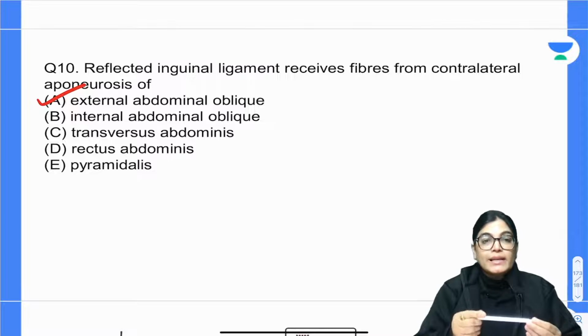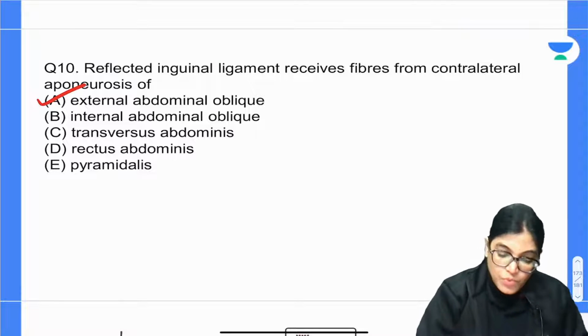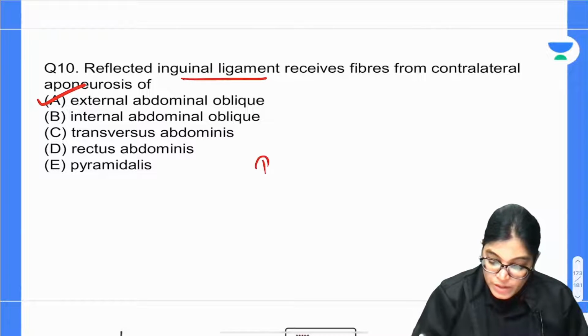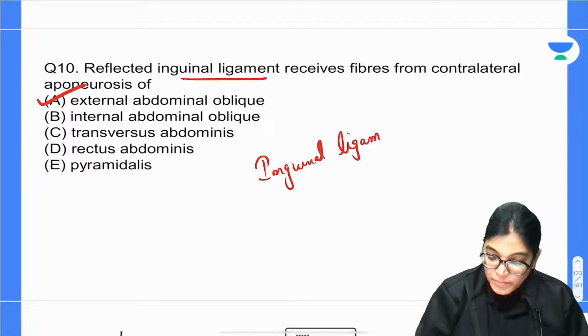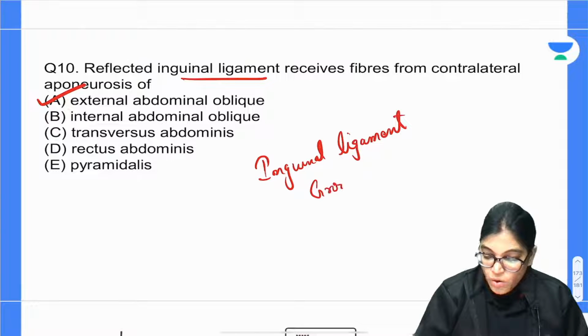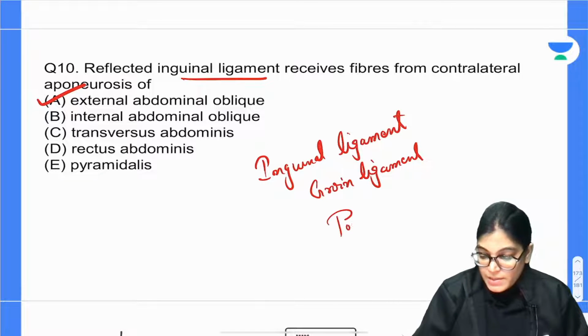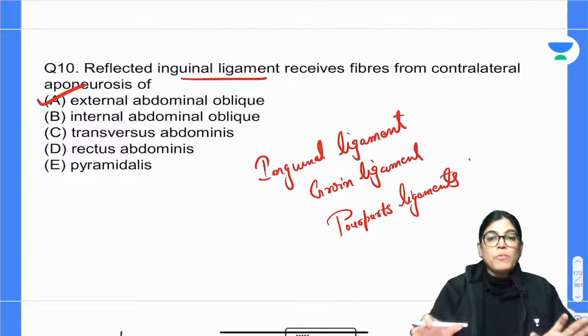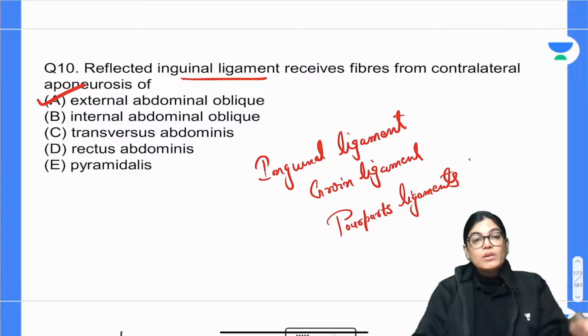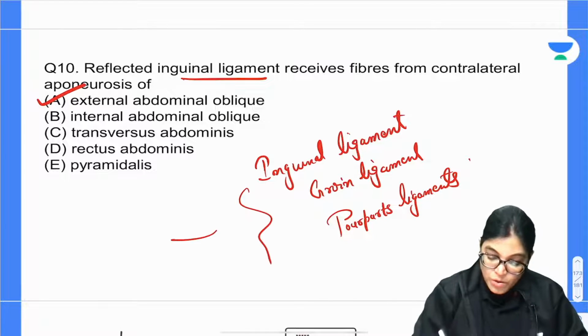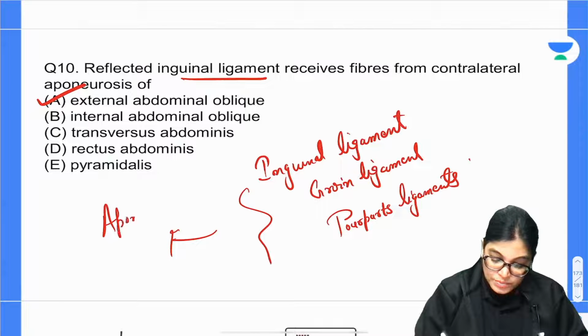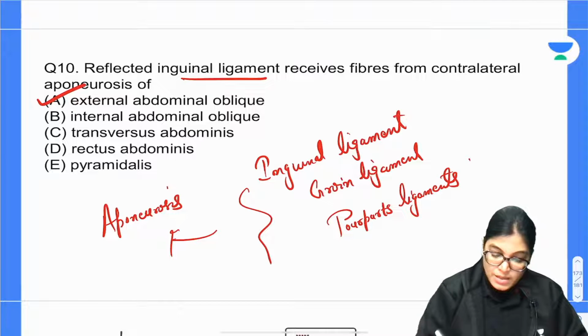Actually, we know that the inguinal ligament, which is also called Poupart's ligament or the groin ligament, is a similar structure, and it is formed by the aponeurosis of the external oblique muscle.